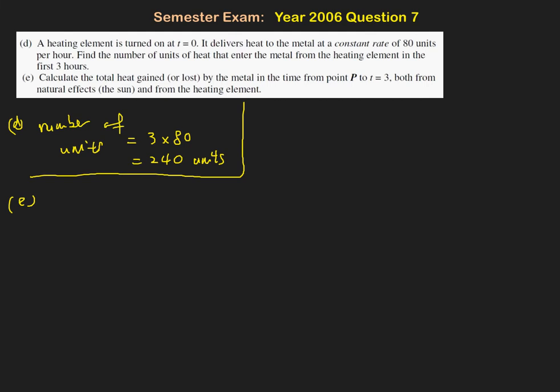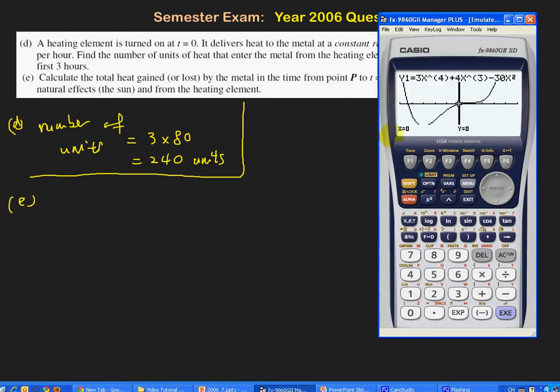From P to t equals 0, we have a heat loss because the area is negative. From t equals 0 to 3, it's a heat gain because the area, the integral itself, is positive.